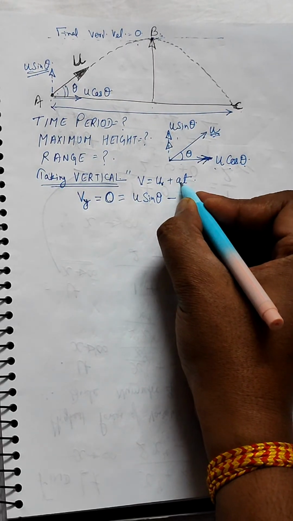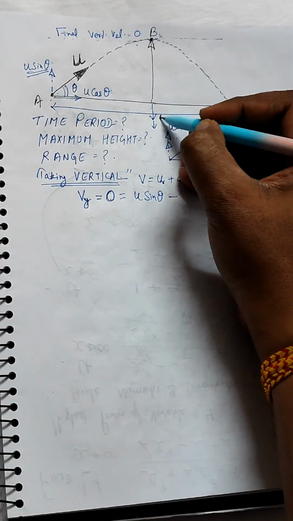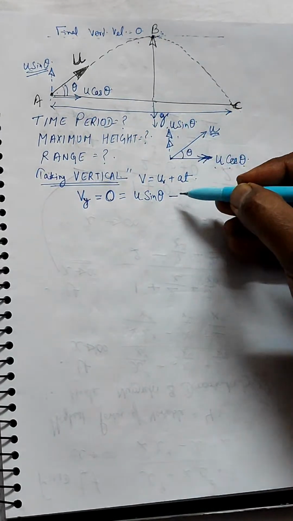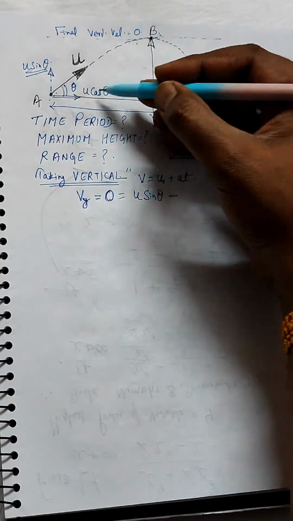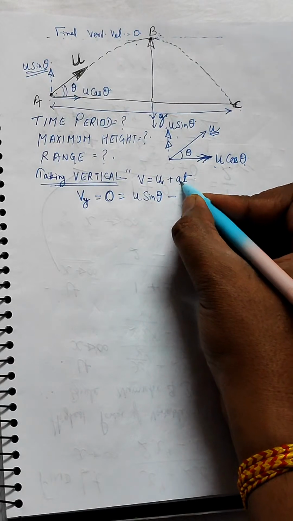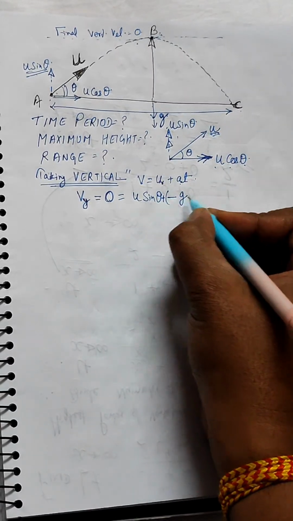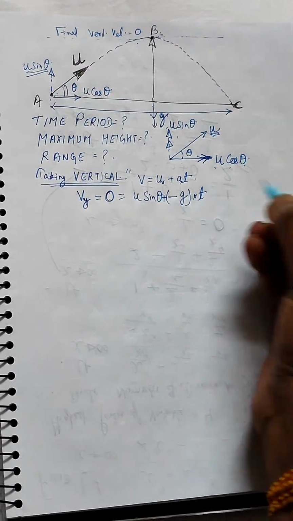And what is the value of a? Since acceleration due to gravity is acting downward, a is acting against the vertical motion of the projectile. So the value of a will be minus g, so it is minus g into t.